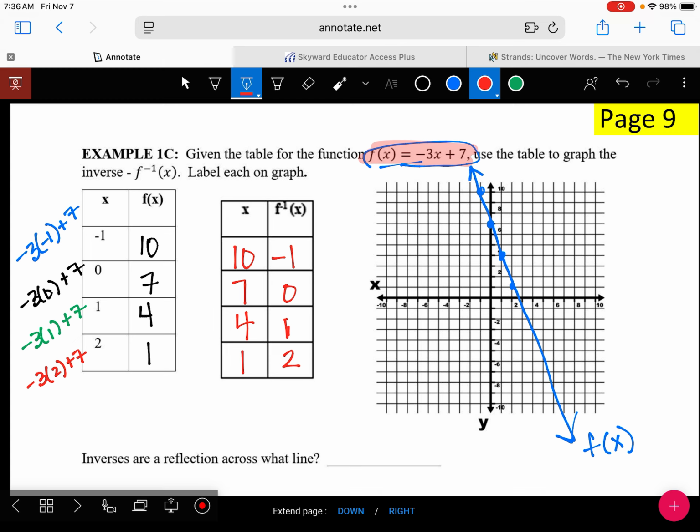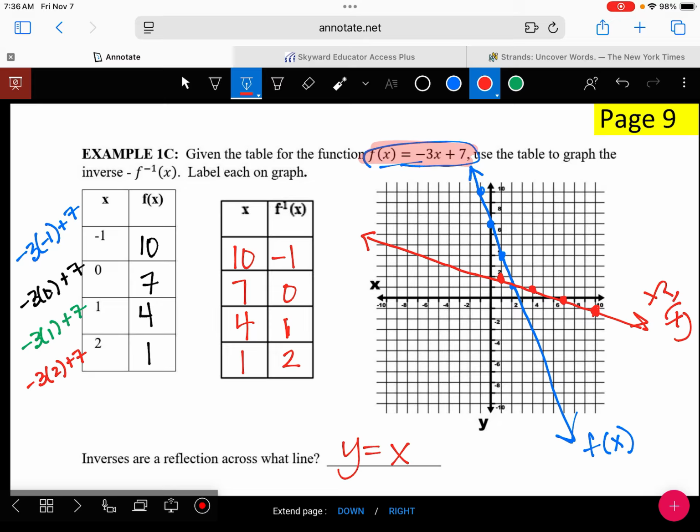So 10, down 1; 7; 4; and then 1, up 2. And then label that with the inverse.